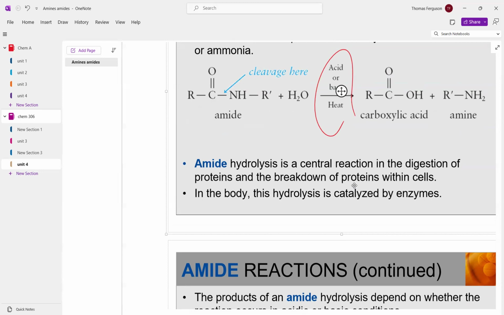In our stomach, we have an enzyme called a protease that breaks up an amide bond. And that's called protein digestion. So the hydrolysis of an amide bond, taking it apart, is biologically really important.